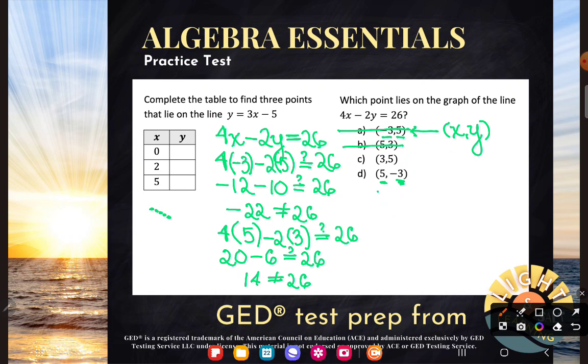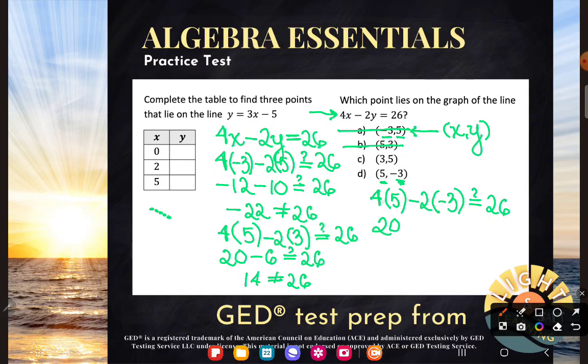So 4 times that x value is 5, minus 2 times, and I'm not memorizing, I'm looking at this right now, guys. Minus 2 times y is negative 3. Does that equal 26? I'm trying to write so softly because I noticed on my other videos that the pen is going pop, pop, pop. So irritating.